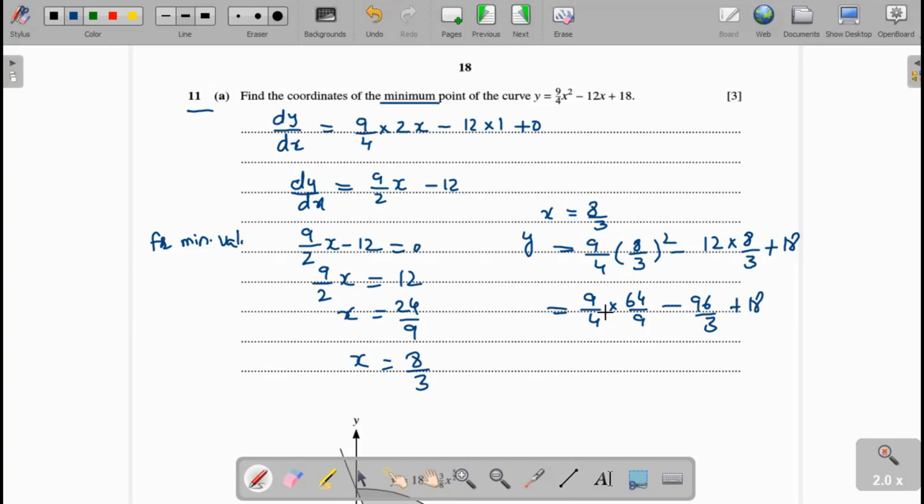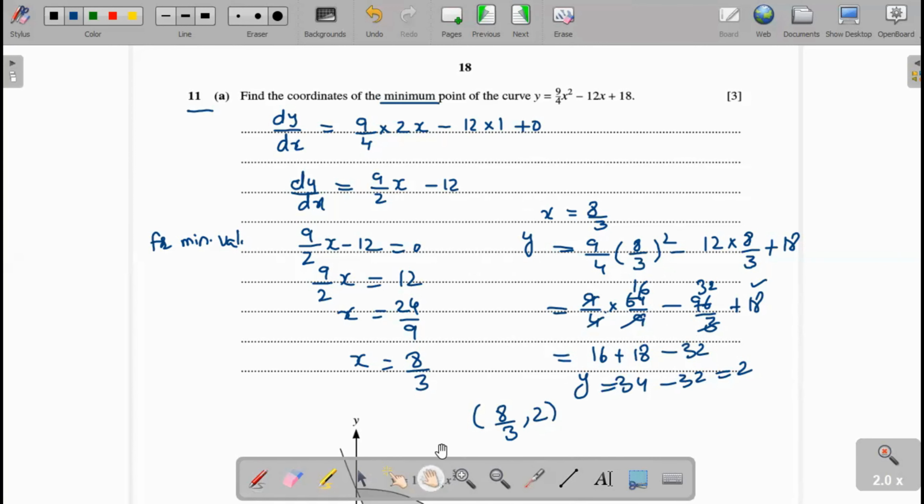The 9 will be cancelled, and 4 into 1 is 4, and 4 into 6 is 24. Now 16 plus 18 is 34, and minus 32 will be equal to 2. Then the coordinates of x and y are 8 over 3 and 2. Now this is the answer.